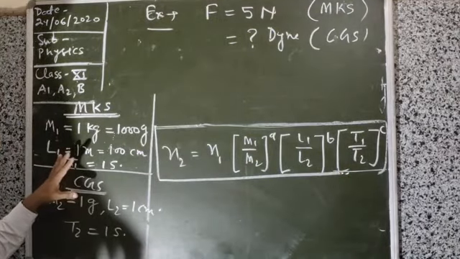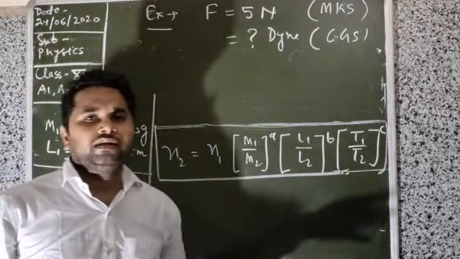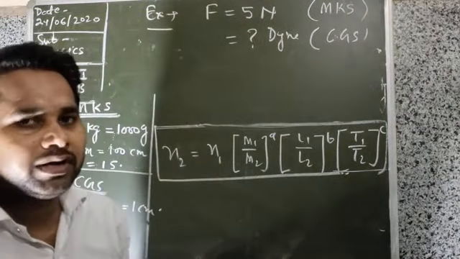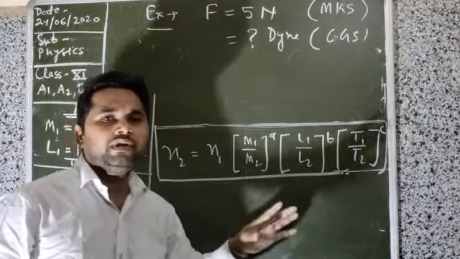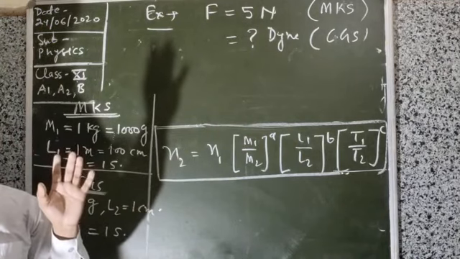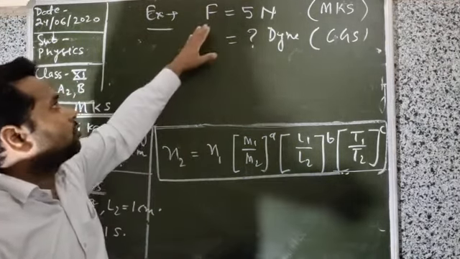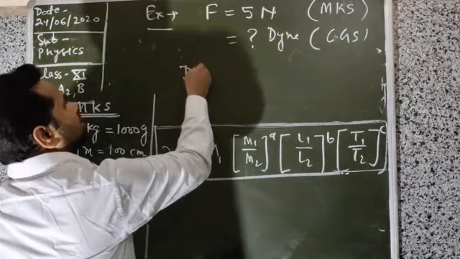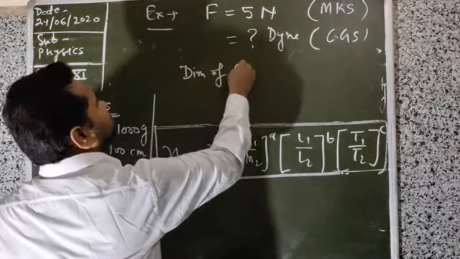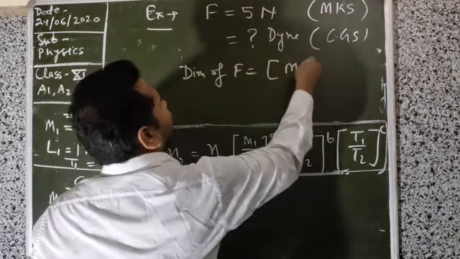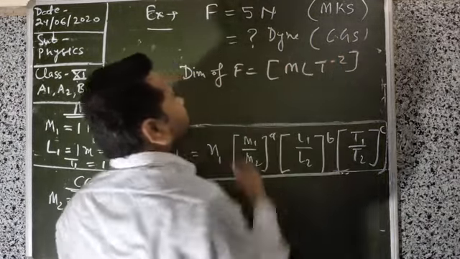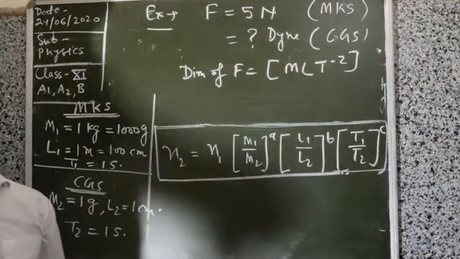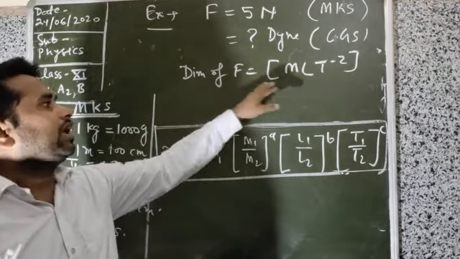And what are a, b, c? a, b, c are the exponents of mass, length and time for the given physical quantity. What is our given physical quantity? Force. And the dimension of force is MLT^-2. You have calculated earlier what the dimension of force is: MLT^-2.